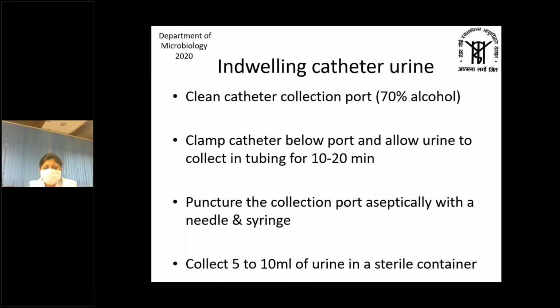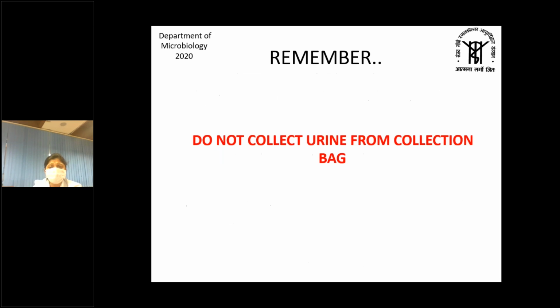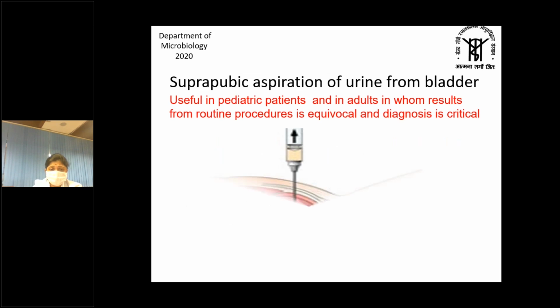So always puncture the collection port aseptically, and first you have to clamp the catheter below the port and allow the urine to collect in a rubber tubing that has been cleaned with 70% alcohol. After some urine collects in it, you have to send about 10 ml in a sterile wide mouth container. Never collect from the collection bag.